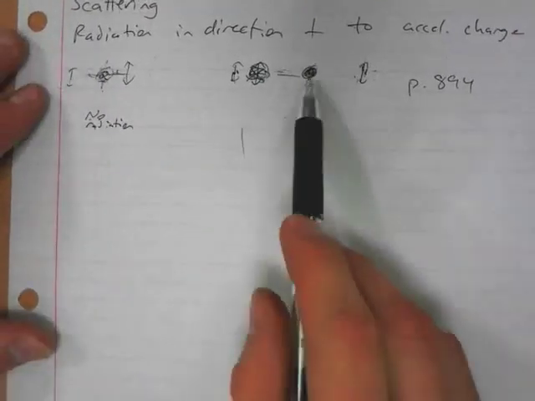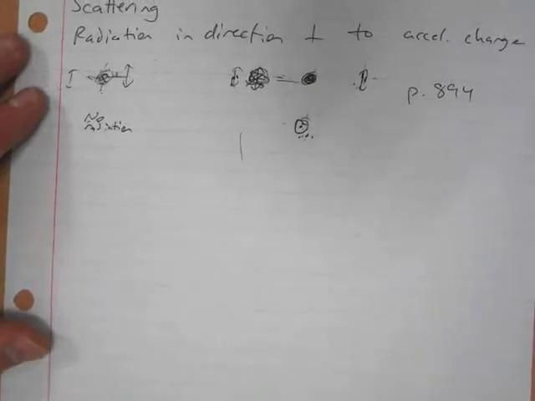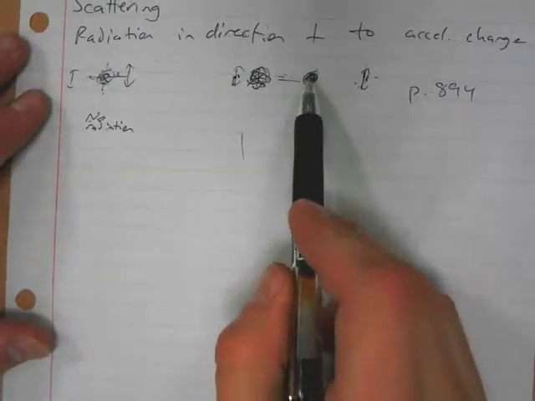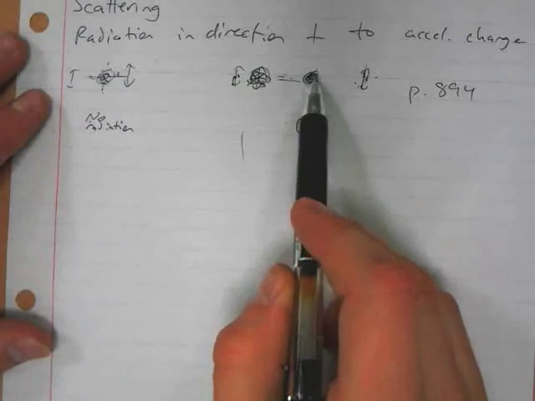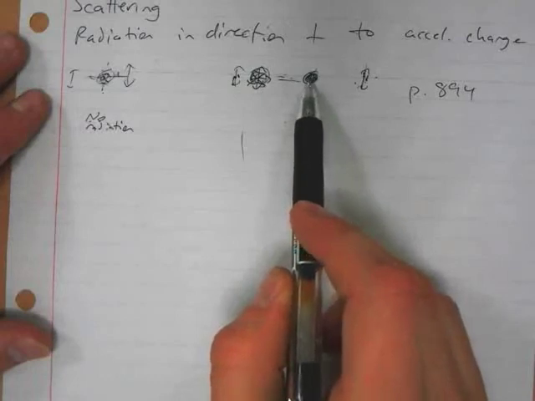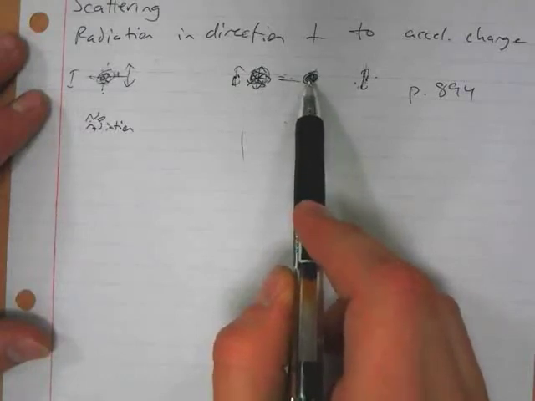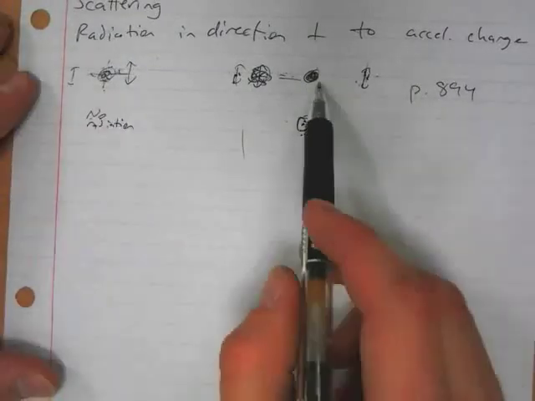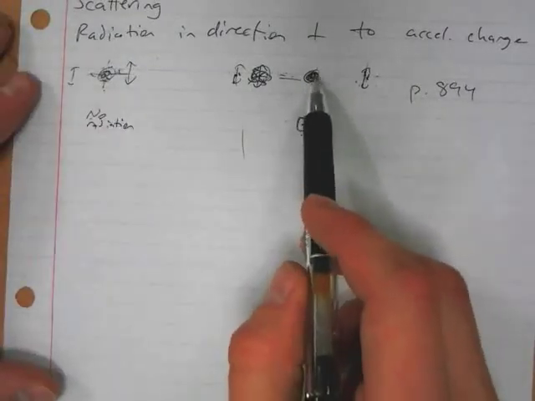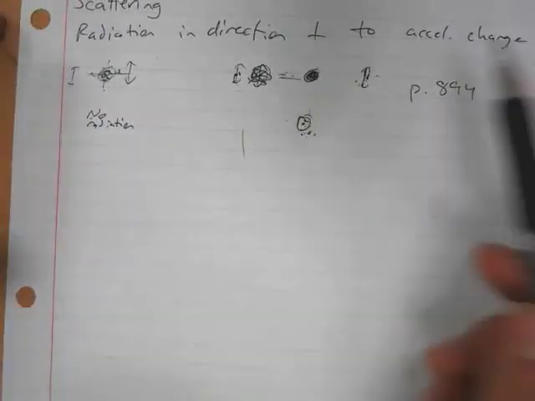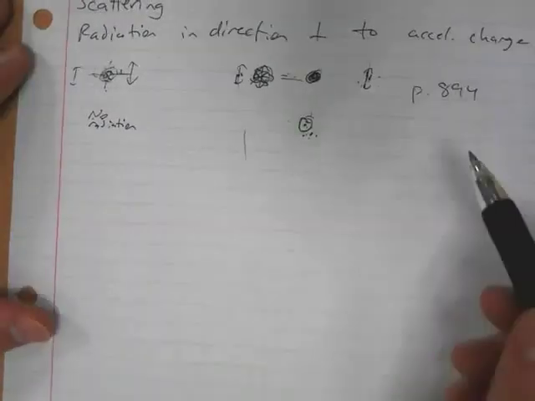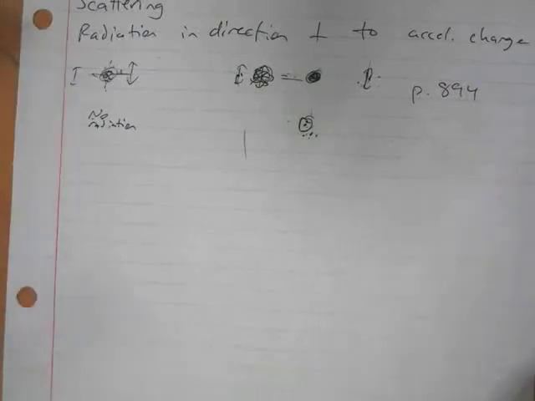Another fun fact is that if the size of these molecules is close to the wavelength of the light, things scatter more. And the size of the molecules in the atmosphere scatter blue light more, and that's actually why the sky appears to be blue if you're not looking directly at the sun.